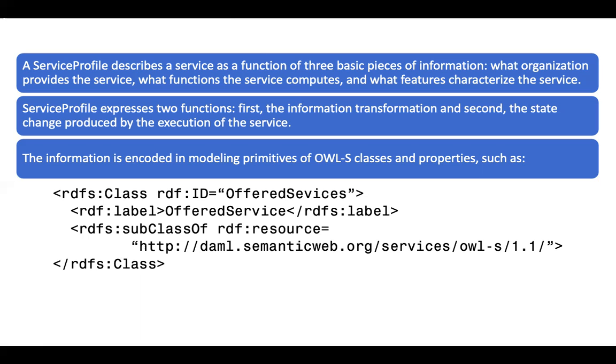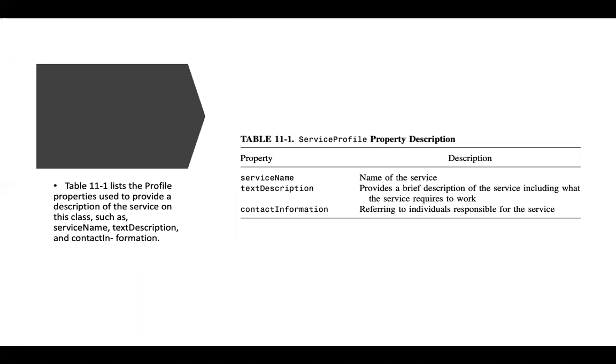The information is encoded in modeling primitives of OWL-S classes and properties, as given here. It will be encoded, represented like this. This table lists the profile properties to provide a description for the service on this class, such as service name, text description, and contact information.